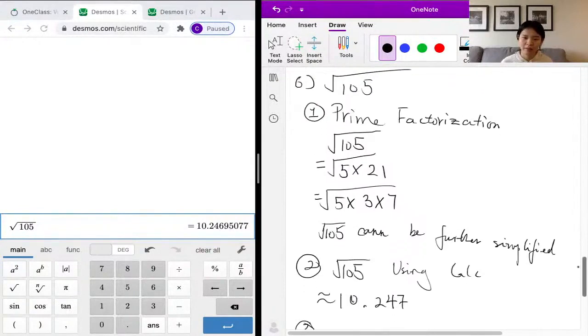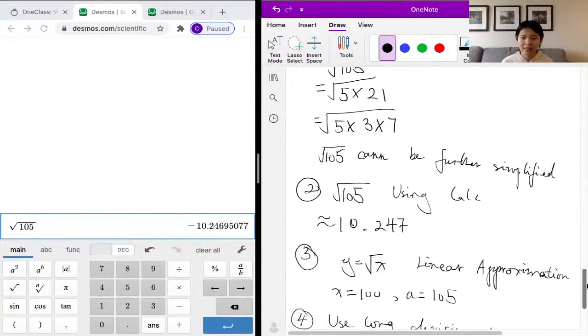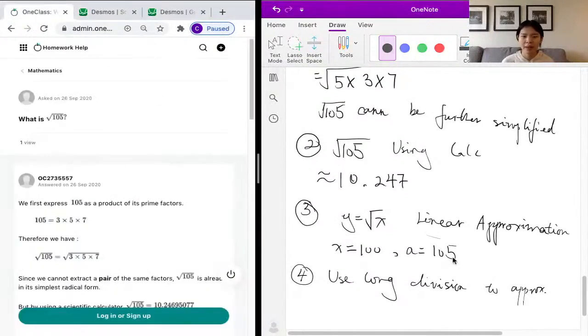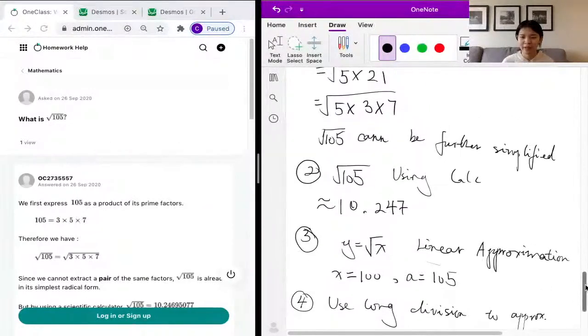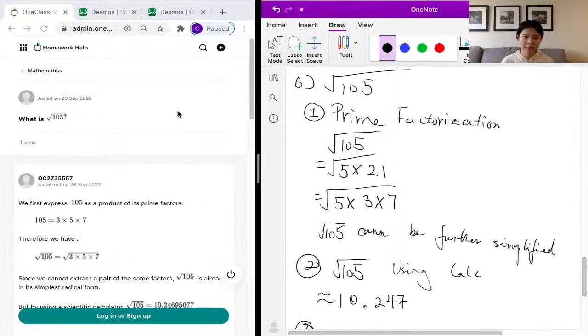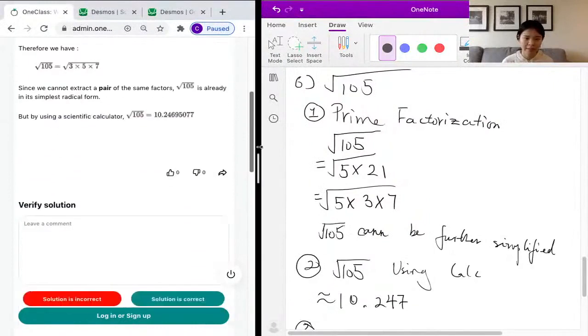Usually, for the level that actually asks these kinds of problems, using prime factorization or using a calculator should be sufficient, unless they explicitly tell you that you should use linear approximation. Giving an answer found by calculator, or just using prime factorization, are completely acceptable in most cases.